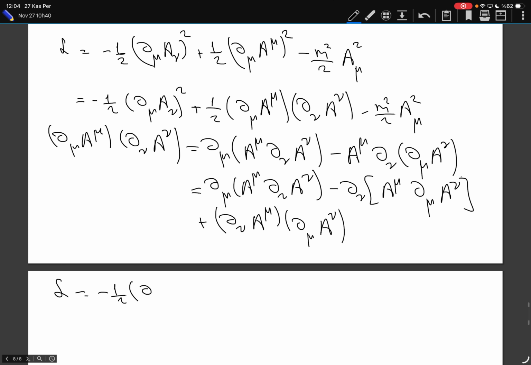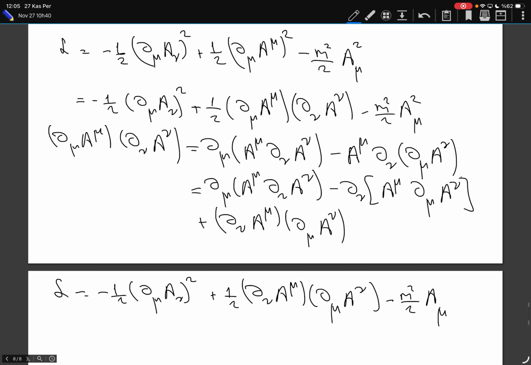So if I do that, my Lagrangian, I can also write it as, you see, that was my Lagrangian, minus 1 over 2 del mu A nu squared plus 1 over 2 del nu A mu times del mu A nu, minus m squared over 2 A mu squared. I just throw away total derivatives.